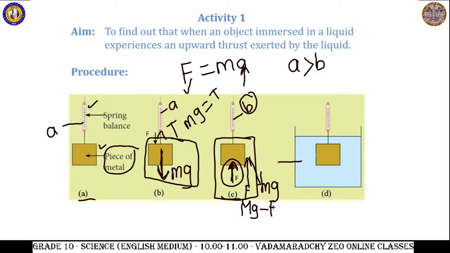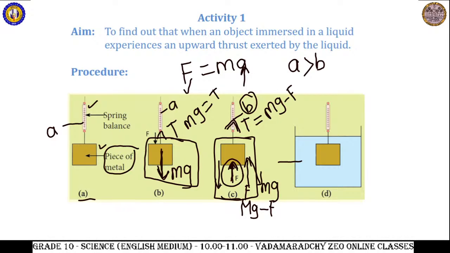As per Newton's third law, the object is at rest, so T should be equal to mg minus F. The object is at rest, so we can say the upward force is equal to the downward force. So in this instance, the Newton balance reading is mg minus F.